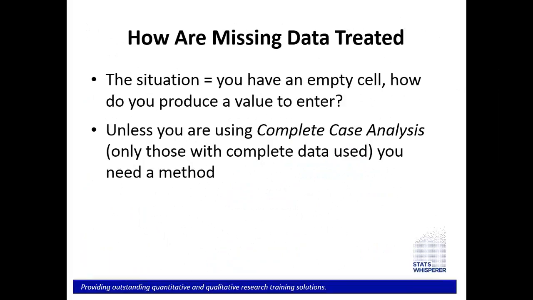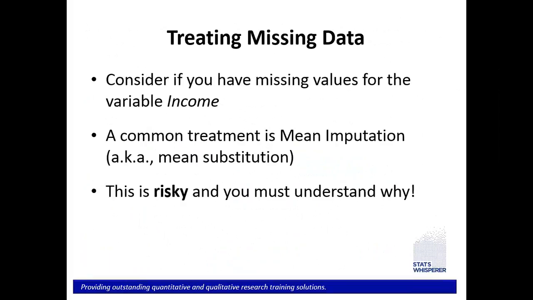So what can we do? Right? Now, income is one of the items that most often has missing data values, right? Now, we should start off by saying the people that are most likely not to report their income are people that have very low incomes or very high incomes, right?